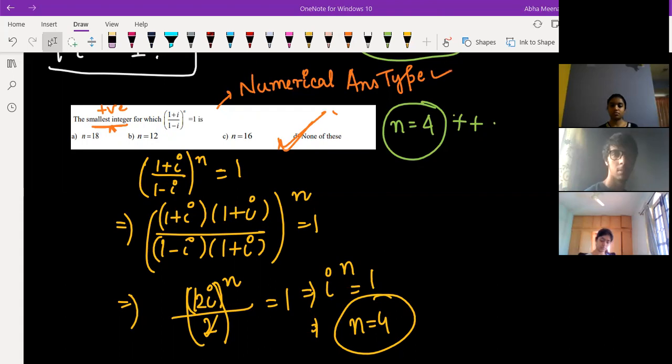Okay, so one more. Do you all remember what is a purely imaginary number and purely real number? Yes, ma'am. This question is also of the same type, but with a little twist.